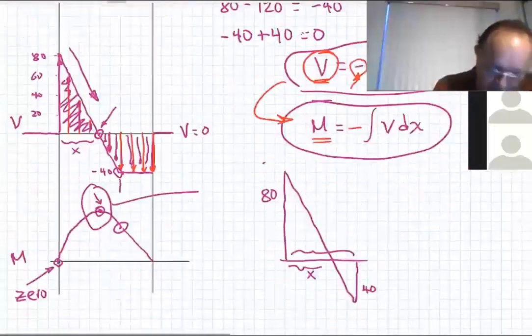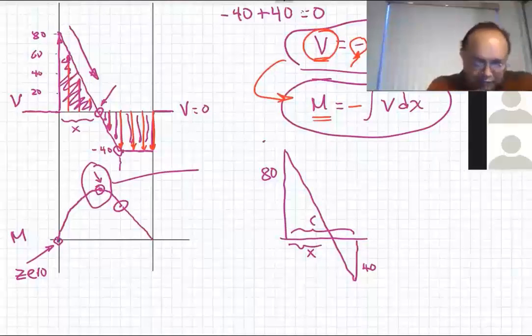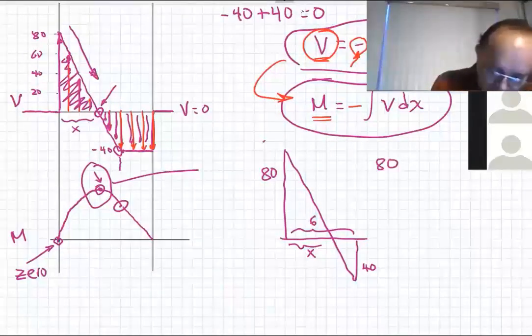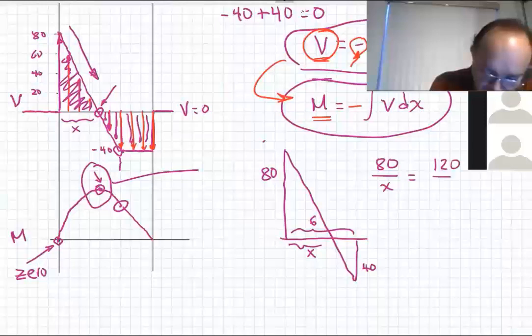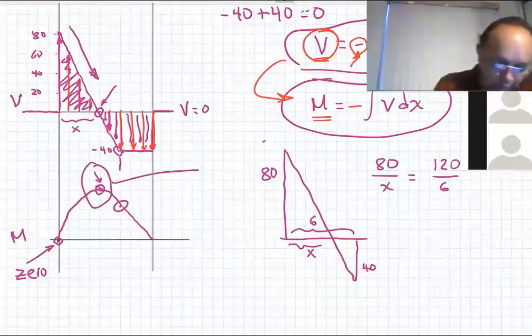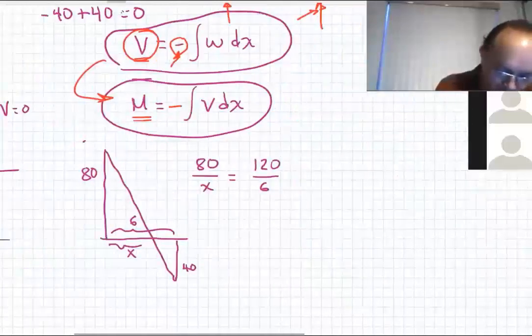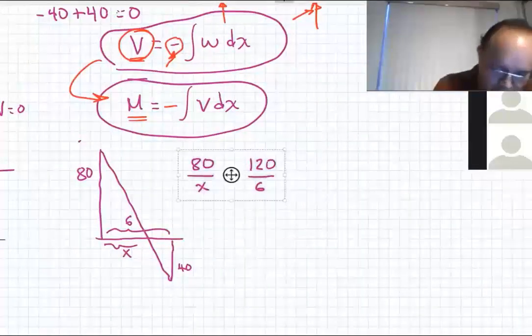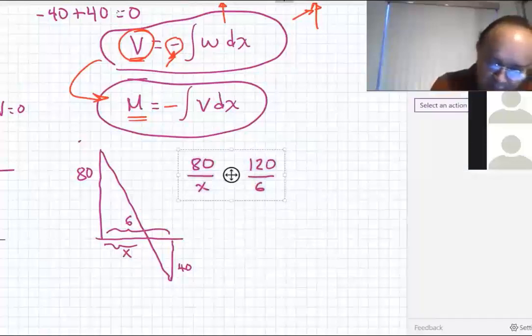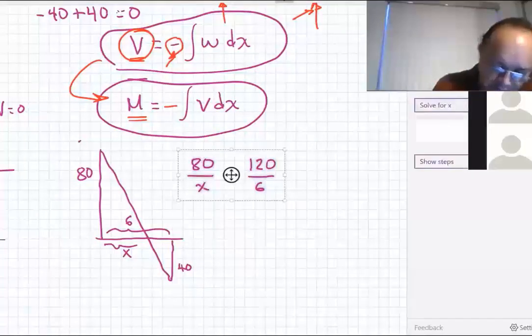So you do this: 80 is to 2x... as 120 is to 6, right? And using the magic of OneNote, I take one note, please solve for x. x equals 4.